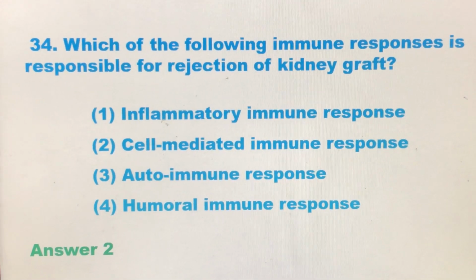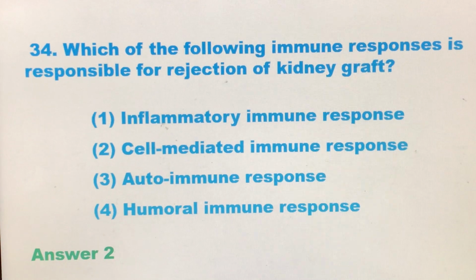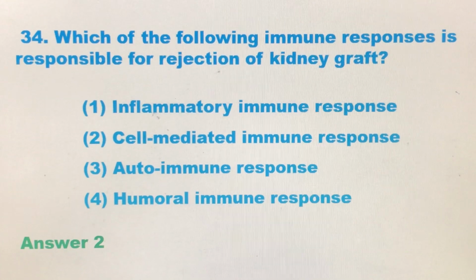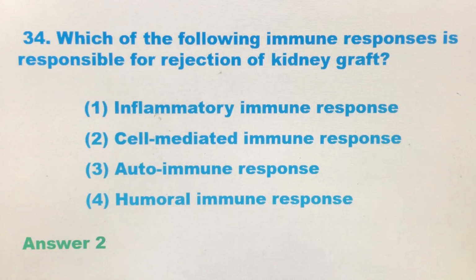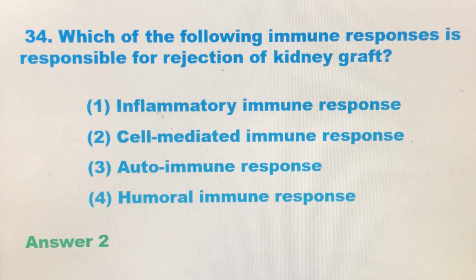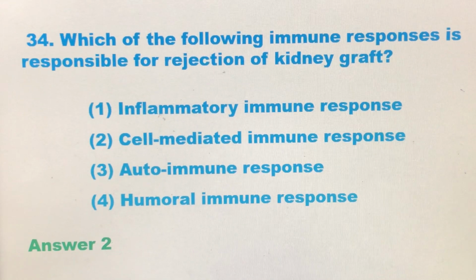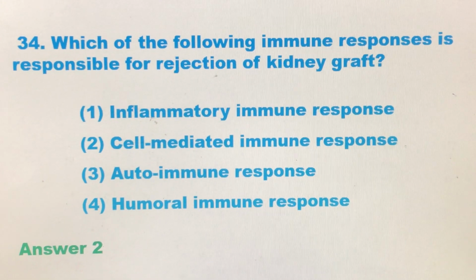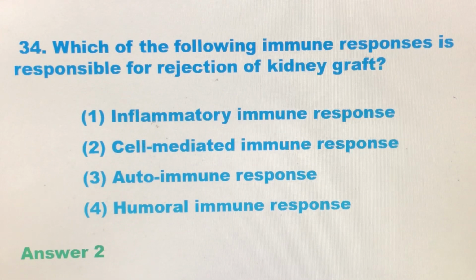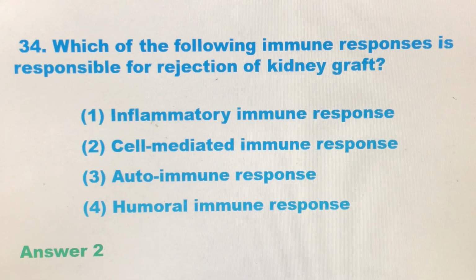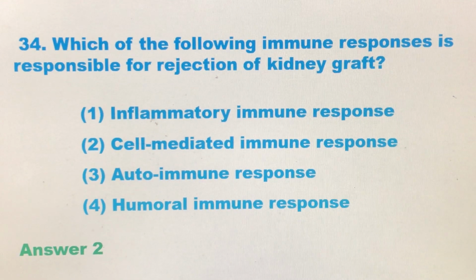The immune mechanism has a capacity to recognize the self and the non-self. So now we'll have to find out which type of immune response is capable of recognizing the self and non-self and thereby eliminating the non-self organs.